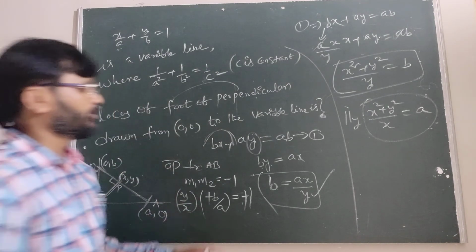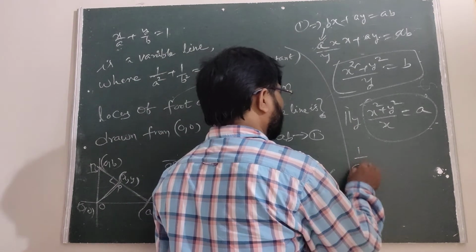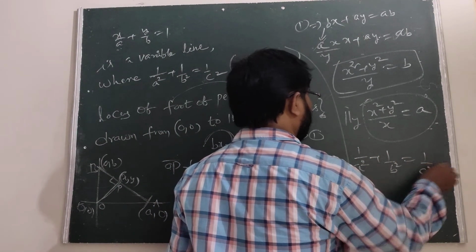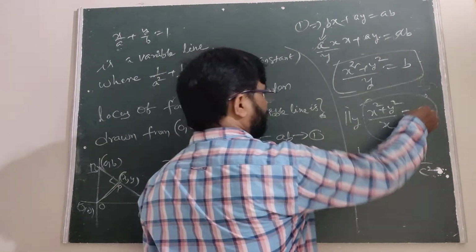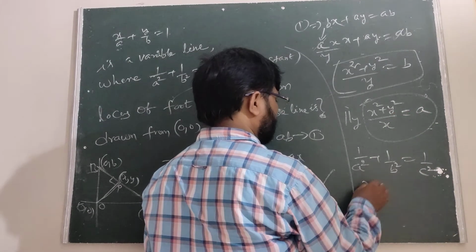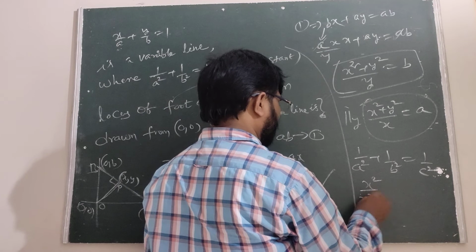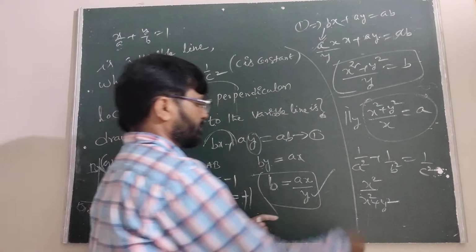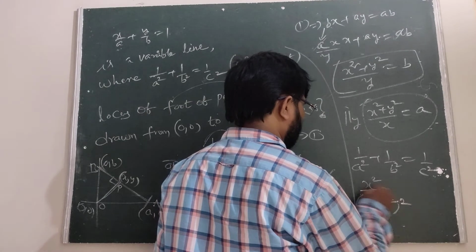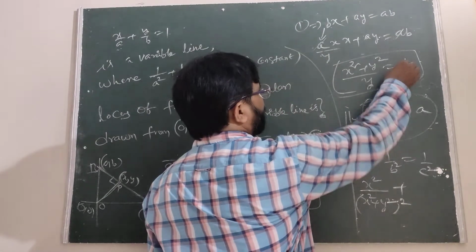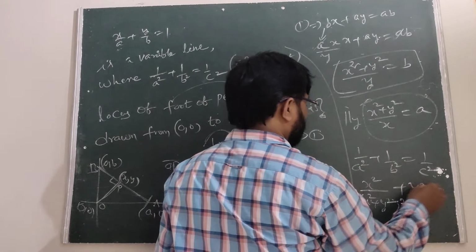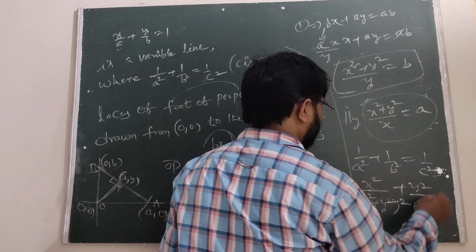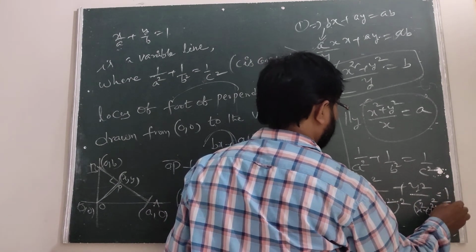Therefore, in the question it is given that 1 by a square plus 1 by b square equal to 1 by c square. Now this is reciprocal: x square by x square plus y square whole square plus 1 by b square is y square by x square plus y square whole square is the 1 by c square.